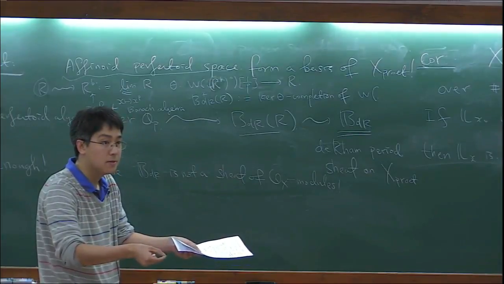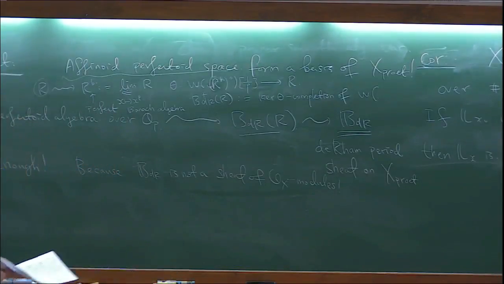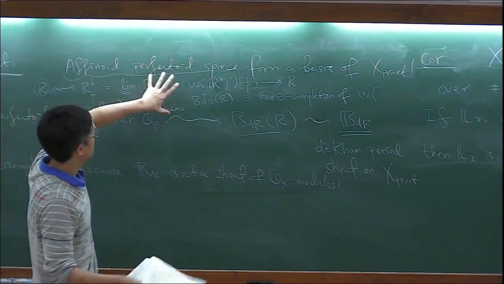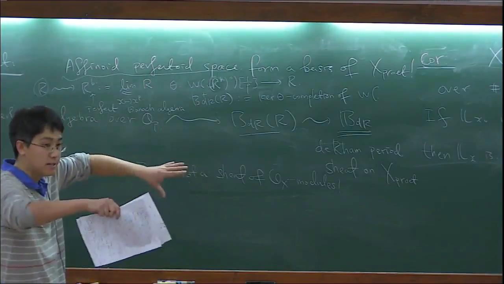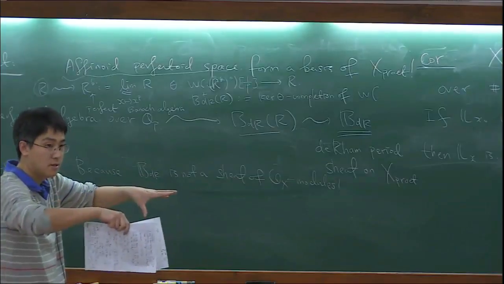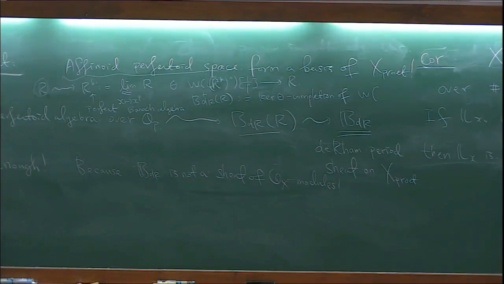This is abstract nonsense. I need to check that they satisfy the compatibility condition. So for example, if I have an affinoid perfectoid space covered by finitely many affinoid perfectoid spaces, you need to check that they satisfy the sheaf axioms. This is straightforward.